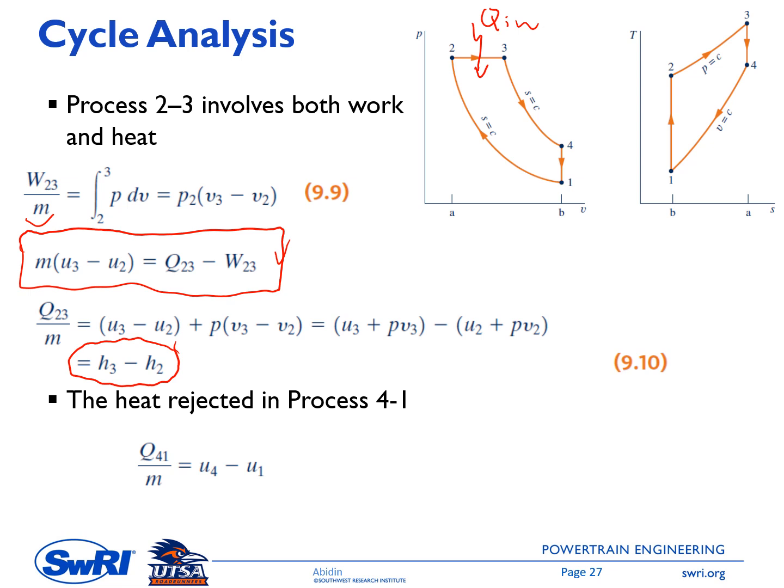In the diesel cycle, Q in per unit of mass is the enthalpy difference between point 3 and point 2. And then the heat rejection is Q41. The formula here is the same as the one for the Otto cycle.